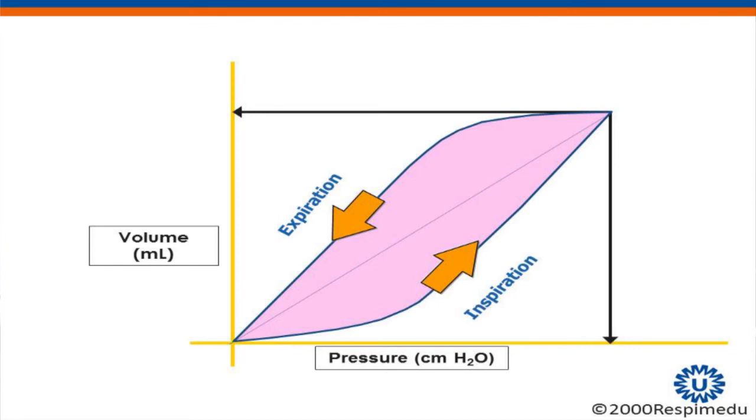Okay. She thinks the loop will go up when compliance is increasing, or go down when compliance is decreasing. Is she correct? You need a higher pressure.